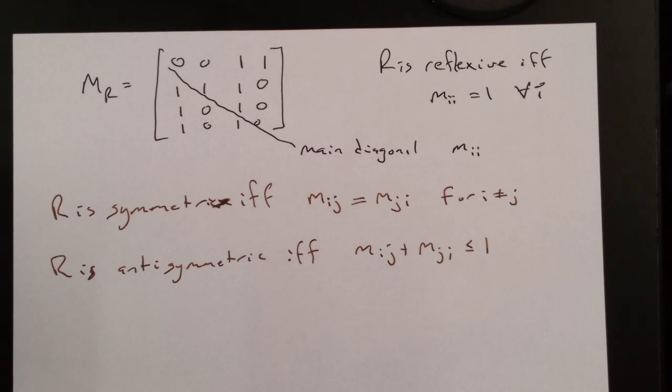Transitive. Okay. Transitive actually requires me to do formal logic with ands and ors. I have to think about binary formal logic.